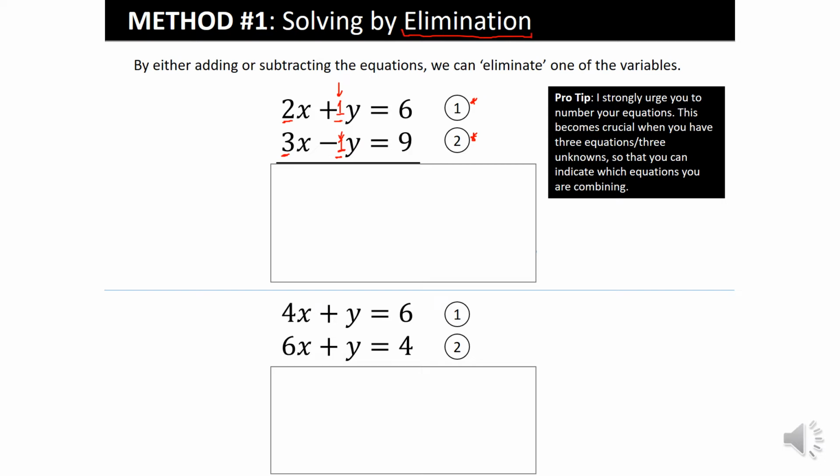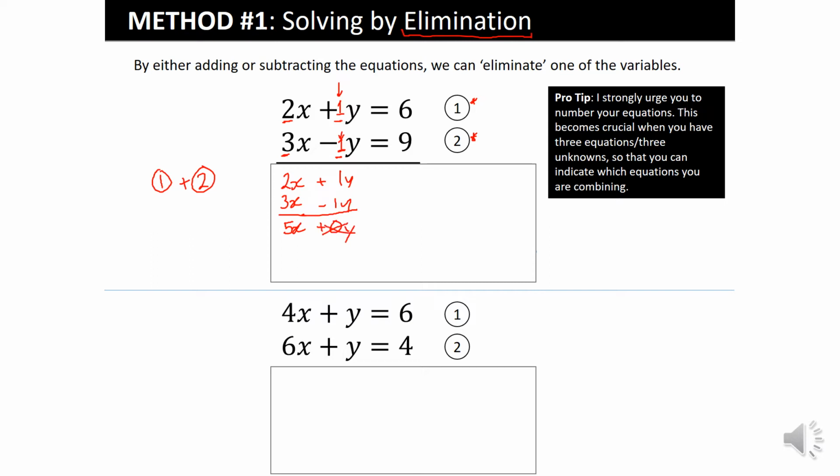So what we're going to do is we're going to write, step 1 is we're going to add equation 1 and equation 2. So we've got 2x and 3x. So we add them together, that gives us 5x. And we've got plus 1y and minus 1y. So when we add those together, we get plus 0y.